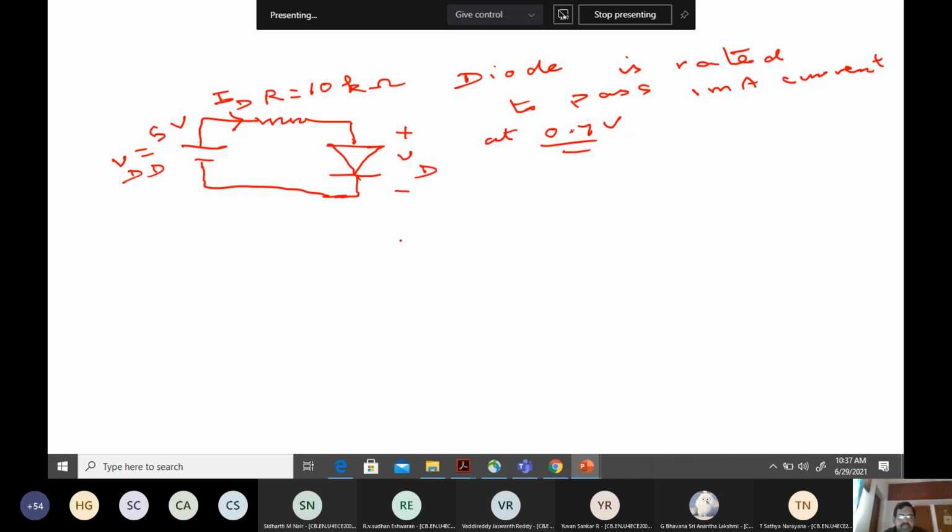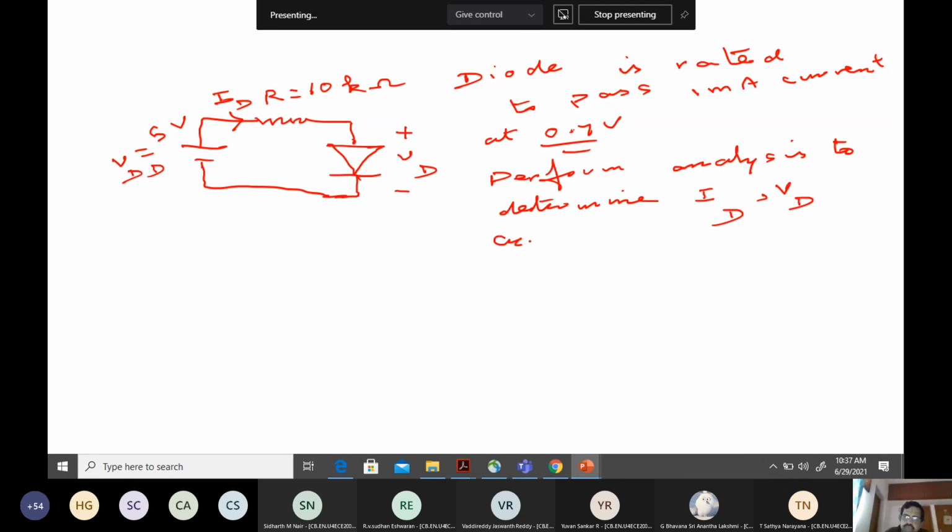So with this, we need to perform analysis to determine ID, the current through the diode, and VD accurately. Accurately means basically we have to go to using the iterative method.